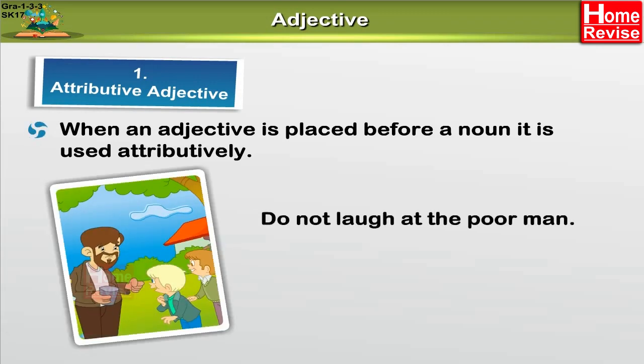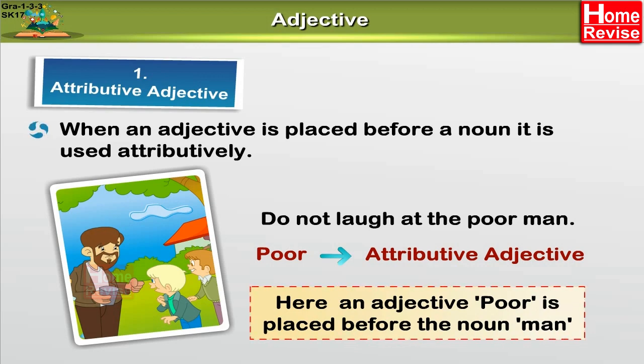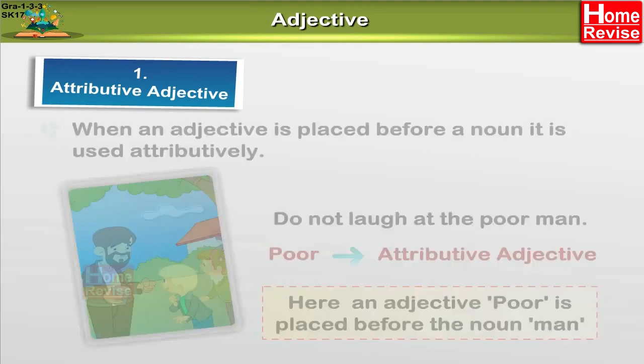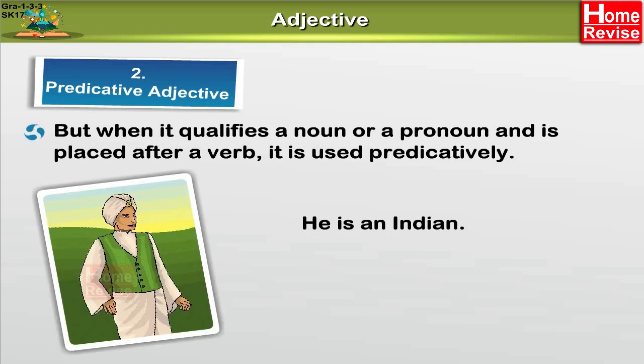Do not laugh at the poor man. Poor is used as an attributive adjective here. But when it qualifies a noun or a pronoun and is placed after a verb, it is used predicatively. For example, he is an Indian. Here, Indian is used as a predicative adjective.